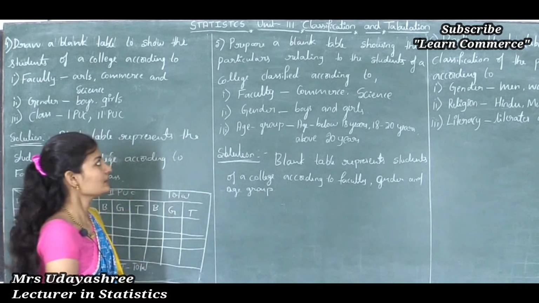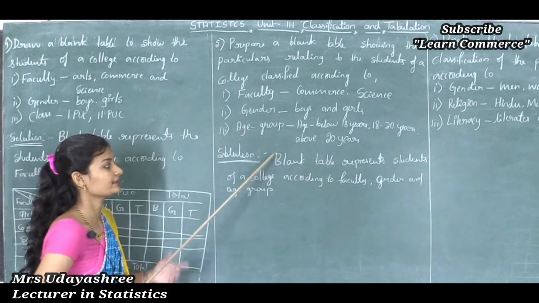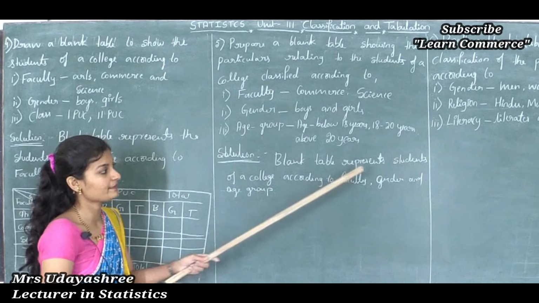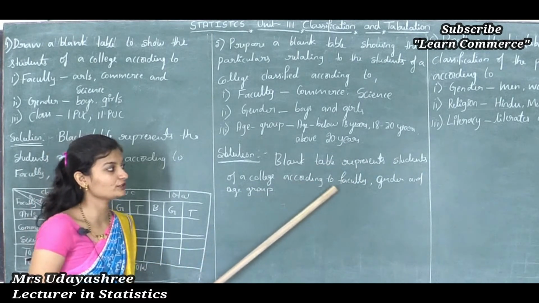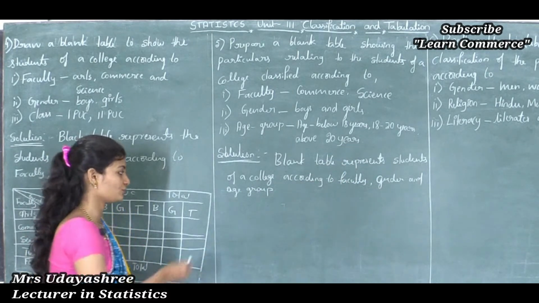See here, the title is: the blank table represents students of a college according to faculty, gender and age group.